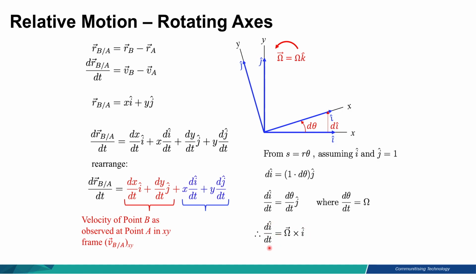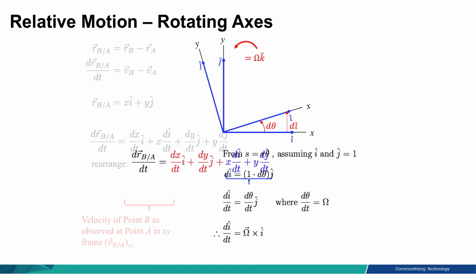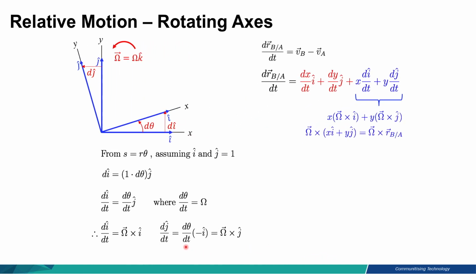So this is what we have for di/dt. And let's do the same for dj/dt. For dj/dt, it is equal to d theta over dt times minus i, because dj is now pointing to the left over here. So it is multiplied with minus i. Now this is capital omega, and to get minus capital omega i is capital omega cross j, because k cross j is minus i.